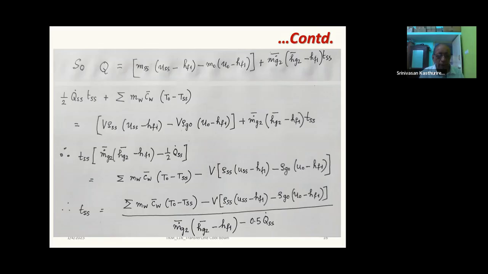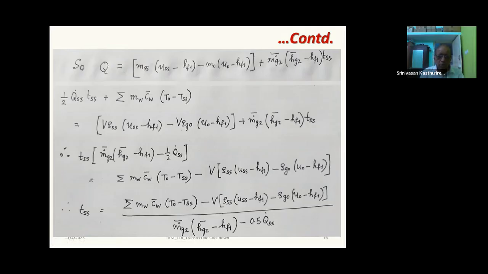So we can write M_SS as V_SS into (U_SS minus h_f1) minus, and the same thing is also applicable for M_0. The initial state is having vapor, so volume multiplied by rho, the density of gas, into (U_0 minus h_f1), plus m dot g2 average multiplied by (h_g2 average minus h_f1), the whole thing multiplied by t_SS.